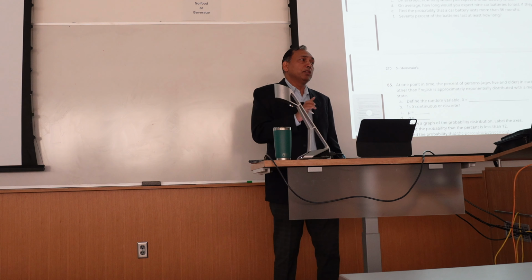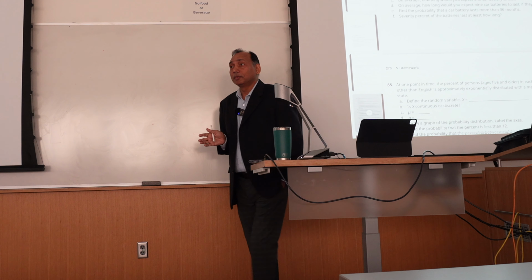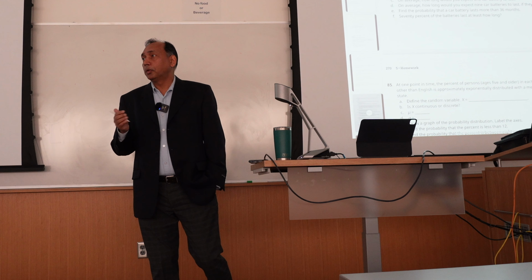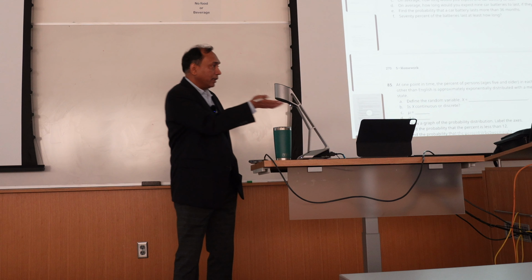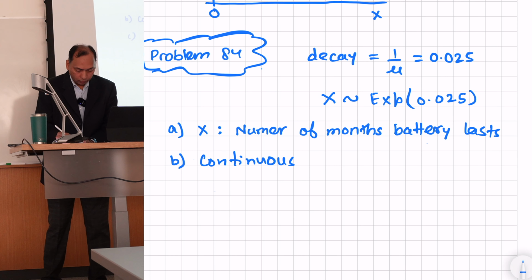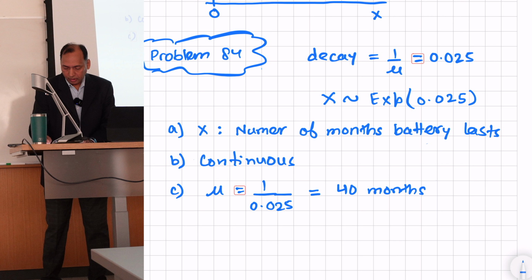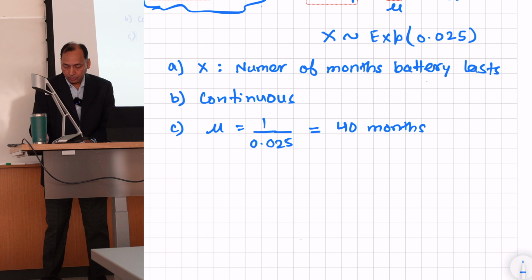If decay parameter is 0.025, what is the average? 1 divided by that number, 0.025. So average or mean, you know that it is captured as mu, and because you have decay parameter as 0.025, it will be 1 divided by 0.025. That will come to about 40 months. So these batteries last on an average 40 months.